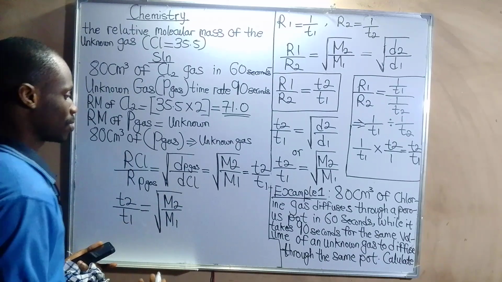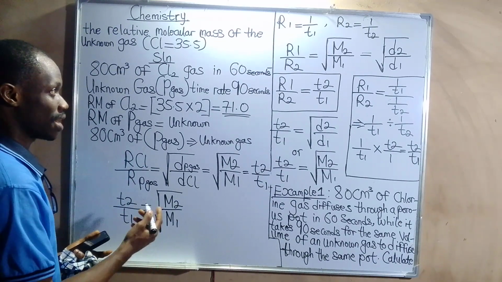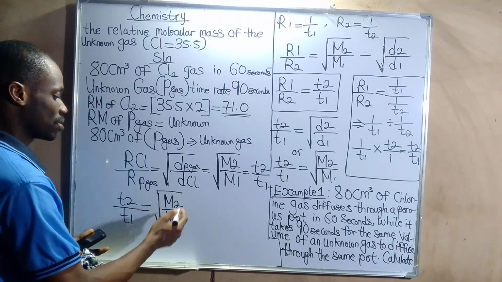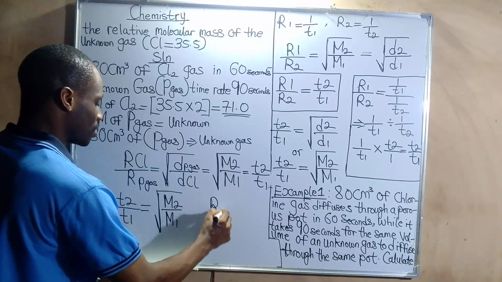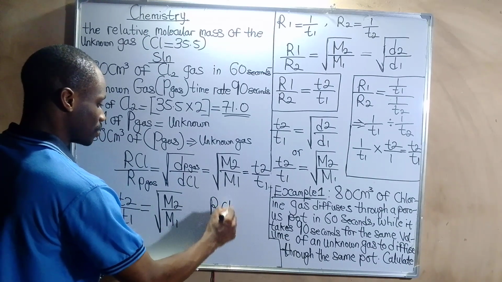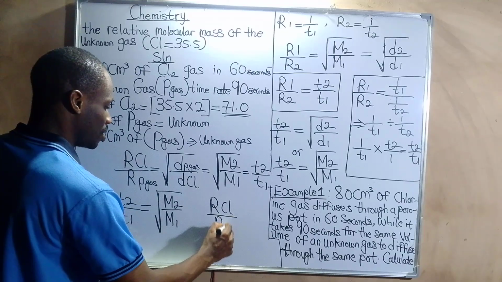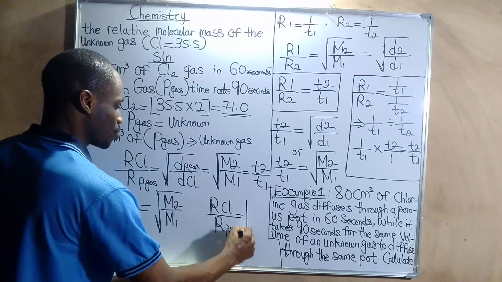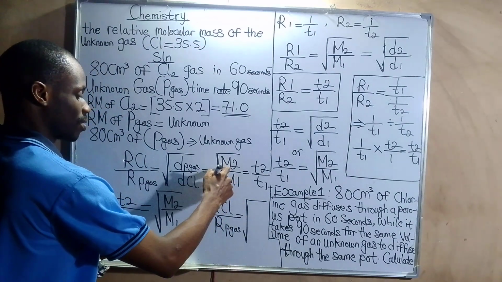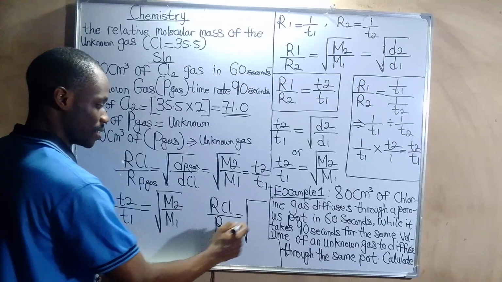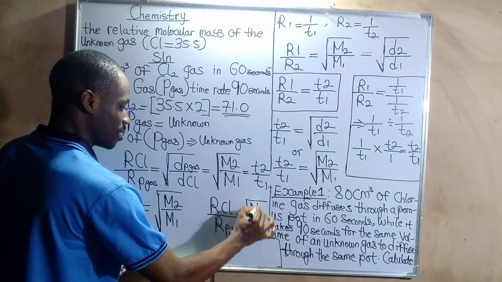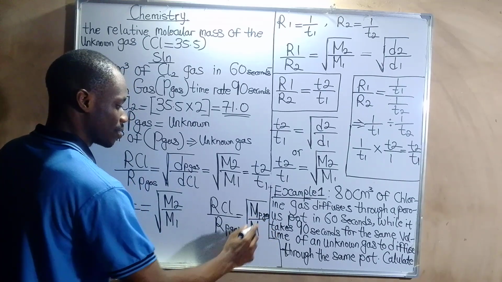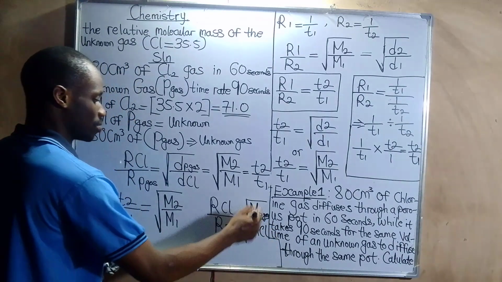Good. So for R1, R2, M2: M2 is the P gas, so RCl over R of P gas is equal to the square root of the molecular mass of P gas over the molecular mass of chlorine.